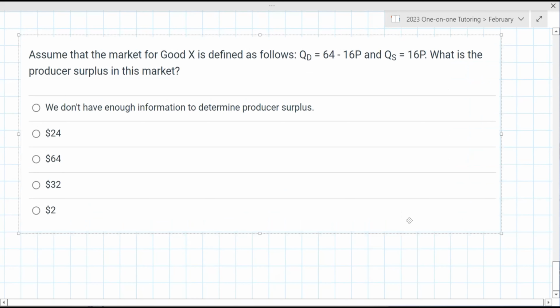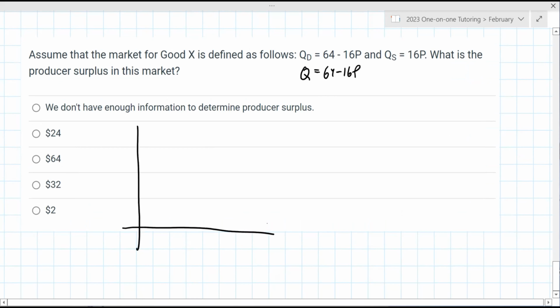All right, assume that the market for good X is defined as follows. Again, you can just say Q equals 64 minus 16p. The one with the negative is going to be the one that goes down, because negative 16 is the negative slope. The 16p is the positive slope. So you still have to find the intersection of these two.